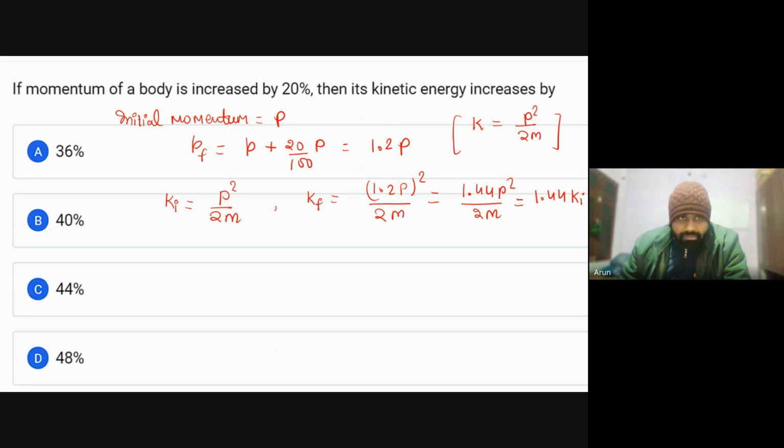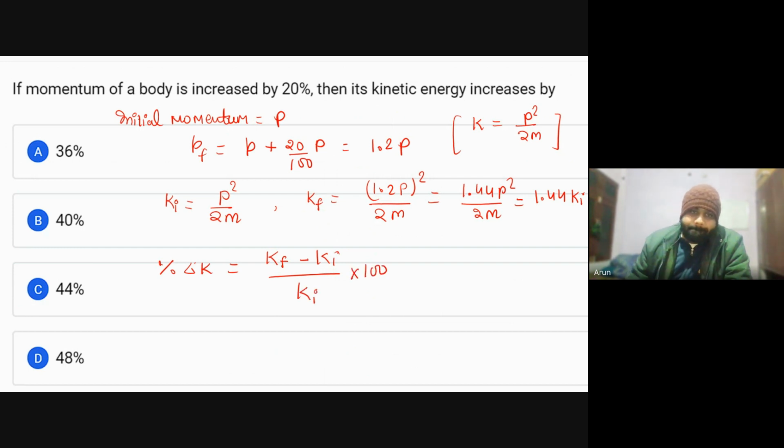Now, the answer is given in percentage. So we have to calculate the percentage increase or decrease. So percentage increase in kinetic energy, or any quantity, will be given by the final minus initial, divided by the initial value, multiplied by 100. Final you have 1.44 times kinetic energy initial, minus kinetic energy initial, divided by kinetic energy initial, multiplied by 100.